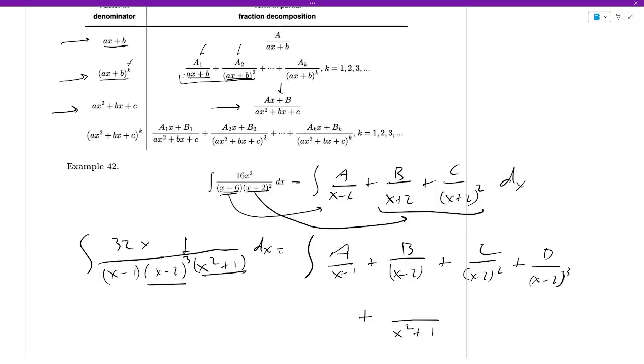So I don't know what numbers are going to be here, but there's going to be some number times x plus some number. I'm using E and F because I did D already. So yeah, it's a little bit weird, but that's what works. And if your quadratic factor had a power, you do the same sequence of fractions thing where the powers go up.